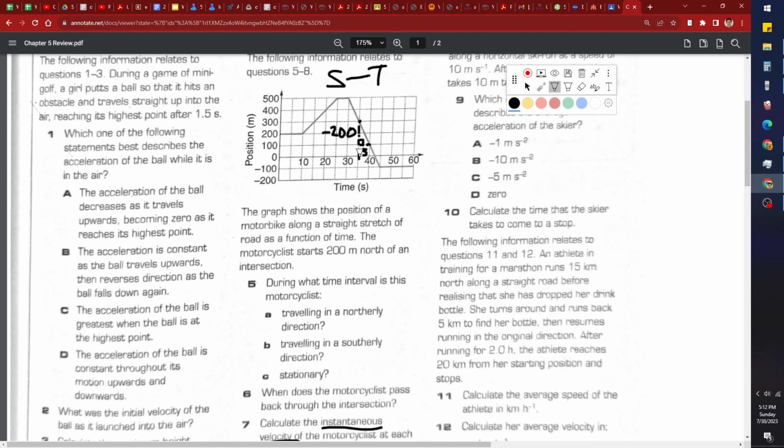So whether it's at 35 seconds or 40 seconds or 30 seconds or 32 seconds, as long as it's part of the slope at any moment in time, it's going to have the same velocity.